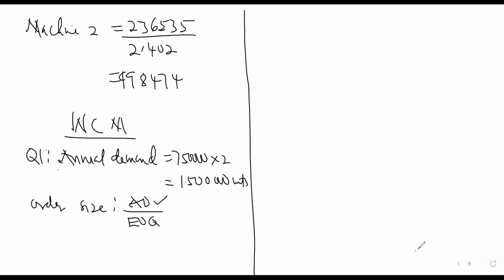We have the annual demand to be 1.5 million. We are now looking for the quantity that we are getting per order. That is what we are looking for. Our quantity per order, which is technically called the economic order quantity, has a different meaning, but it's just like the quantity per order.